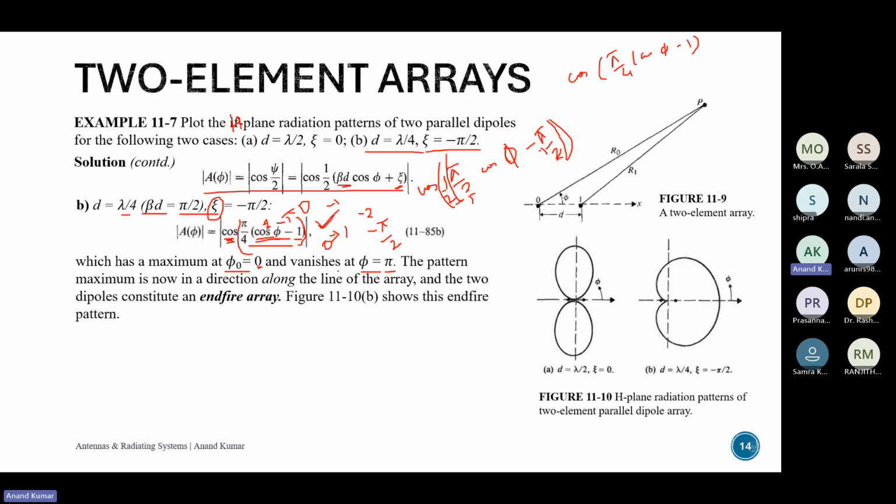So we get 0 at phi equals pi. So now the pattern function has the maximum in the direction along the line of the array.